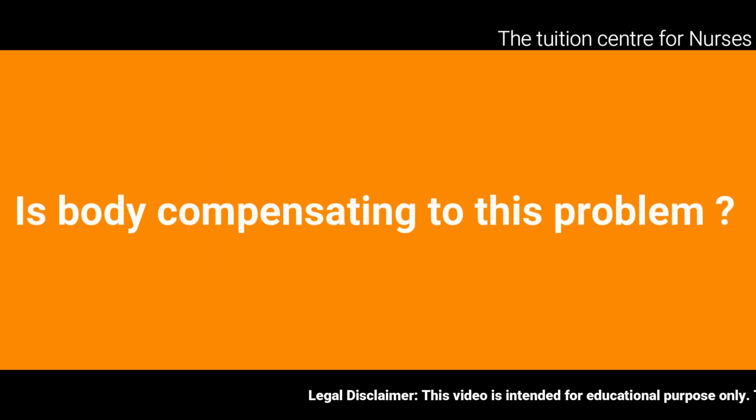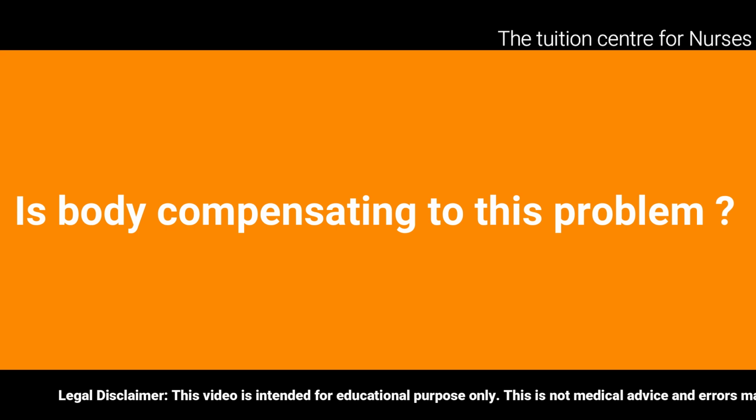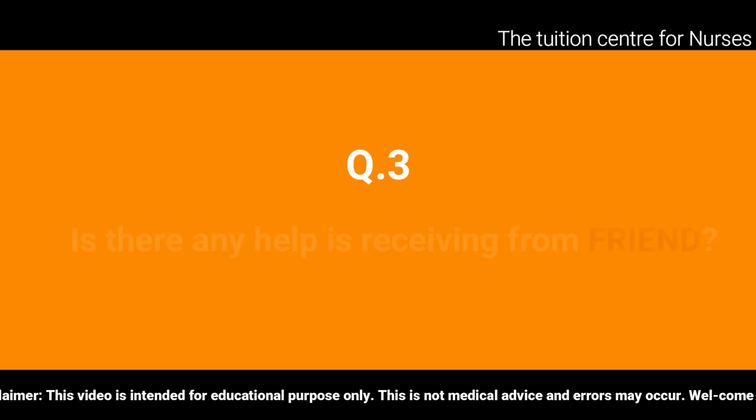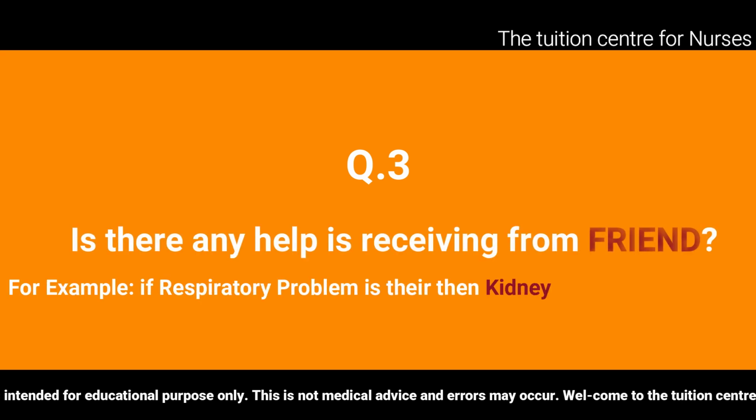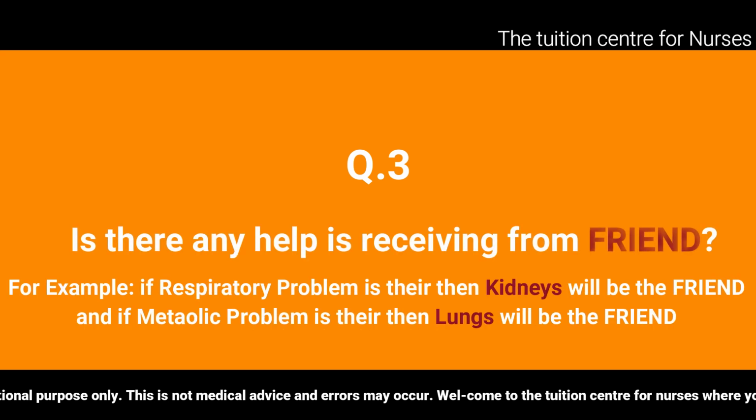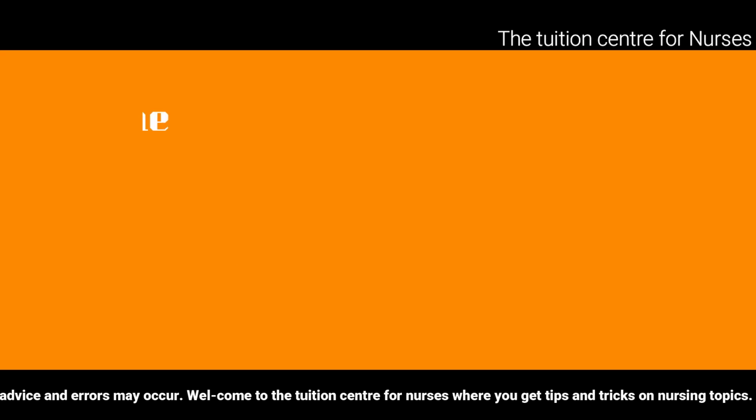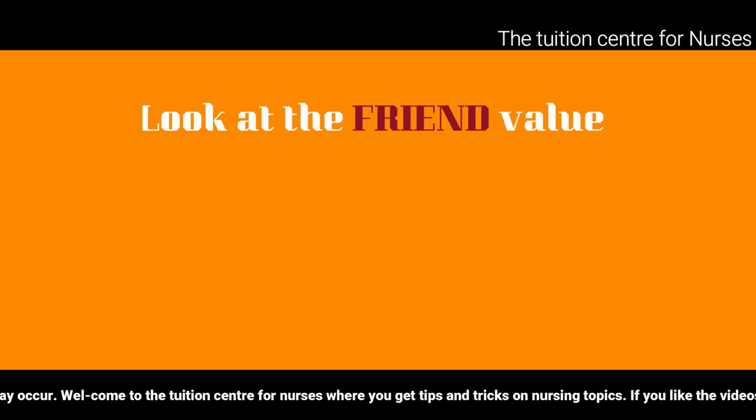So now our next step is to figure out whether there is a compensation mechanism happening or not. For that, we have to ask our next question, that is, is there any help being received from his friend? So who is in the problem? Then another one is the friend. So is the value of the friend who is out of the problem area changing to compensate?